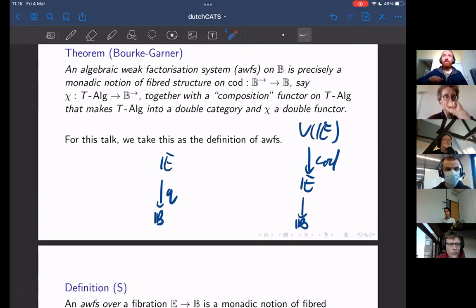So is this what they call, in the Bourke and Garner paper, Beck's theorem for algebraic weak factorization systems? Yeah, it's that kind of thing. Technically, it's one of the propositions they use in the proof of Beck's theorem. They have some sufficient condition for it.